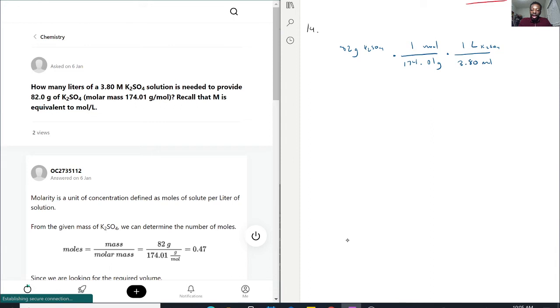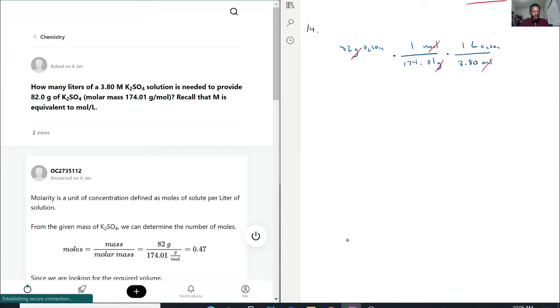Now grams cancel out with these grams, and the moles cancel out with these moles. So as I multiply through, the only units I have left should be the liters, okay? So theoretically, this is all we need to do. We would multiply 82 times 1 times 1, which is just 82, but then we have to divide by 174.01, and then divide again by 3.80, okay?